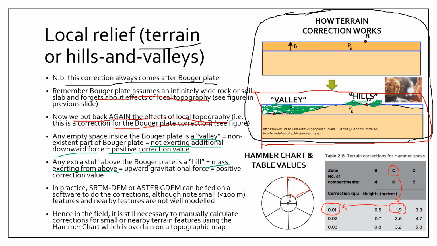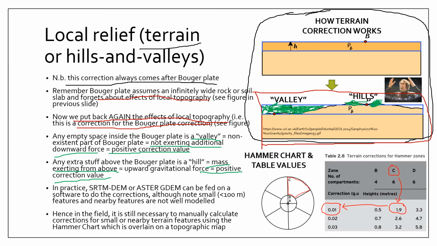So to compensate for that, we add a positive correction value. Okay. So to recap, any non-existent stuff that's inside the Bouguer plate is a valley, and any extra stuff that's on top of the Bouguer plate is a hill.